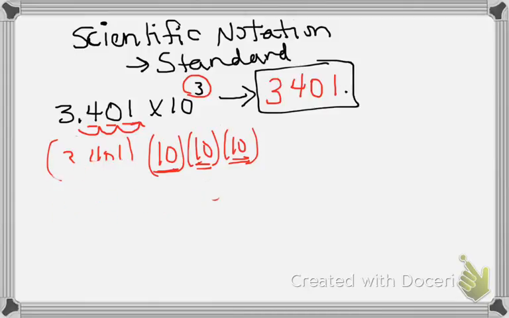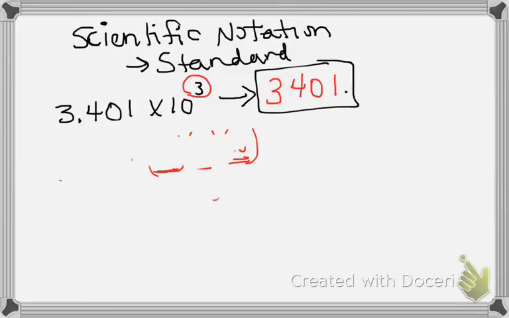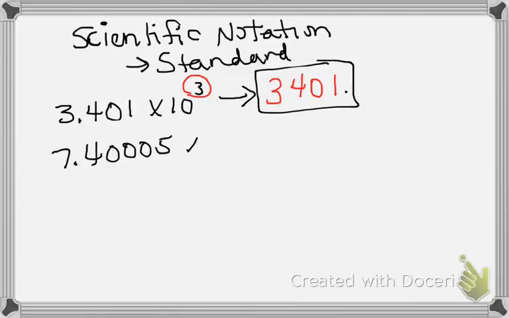All right, so I'm going to do another one. We'll do a couple more here so you can see the difference in the plan. Let's do 7.4005 times 10 to the 6th power.